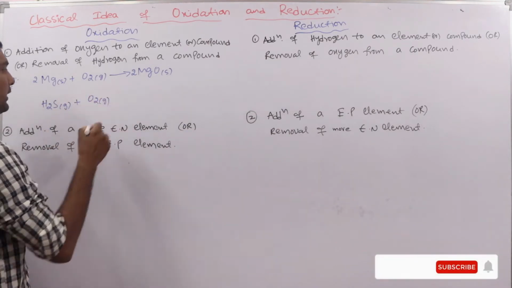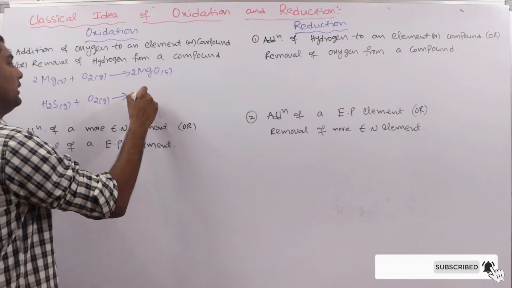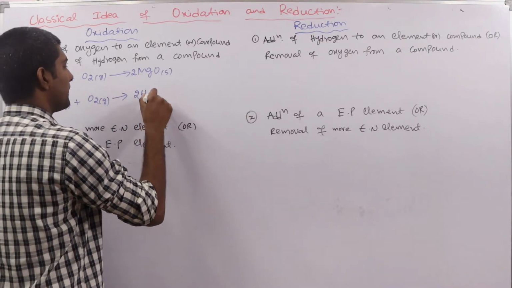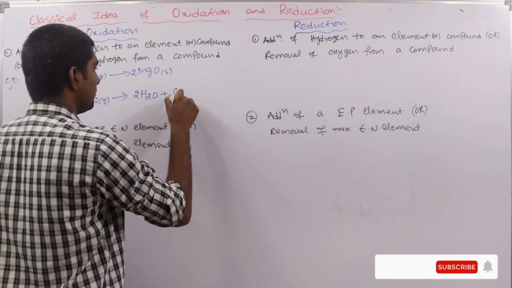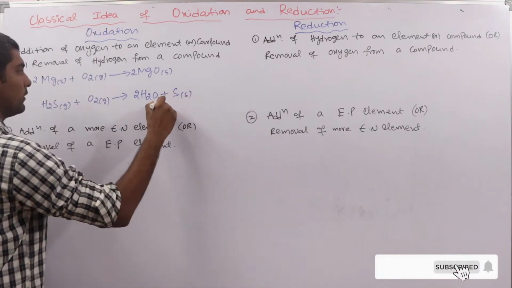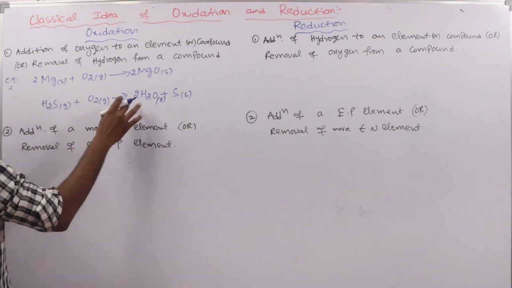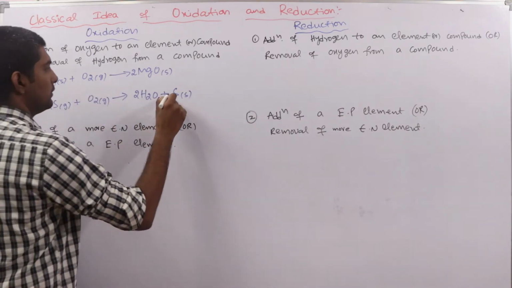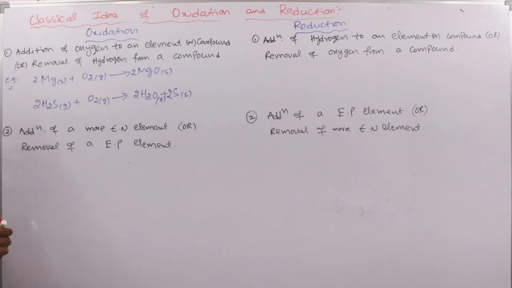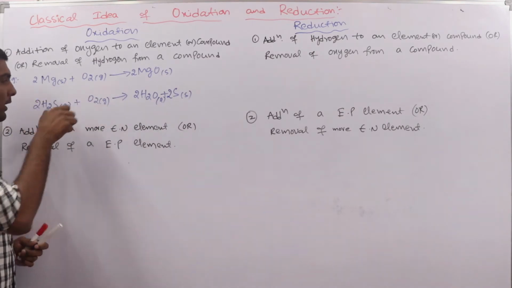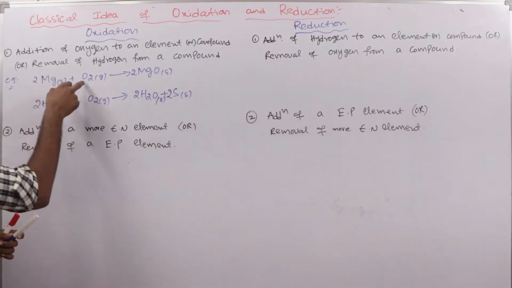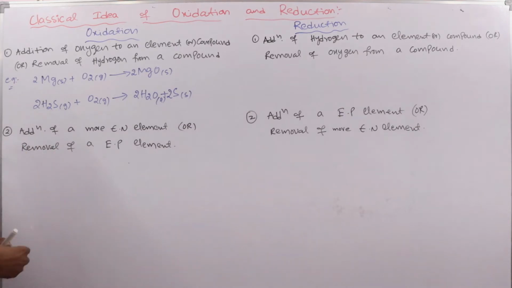For this we have added oxygen, so we get sulfur and water. See, for this compound we have added oxygen. For an element we have added oxygen, that is oxidation. For a compound we have added oxygen, that is also oxidation.